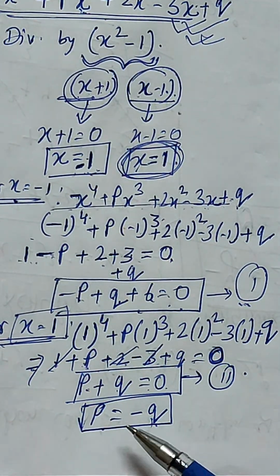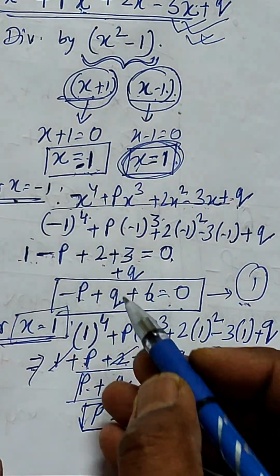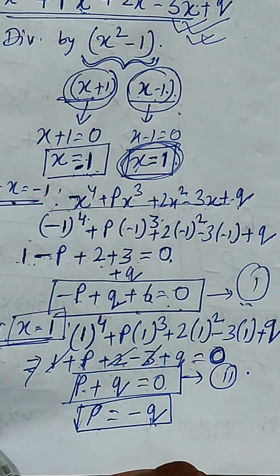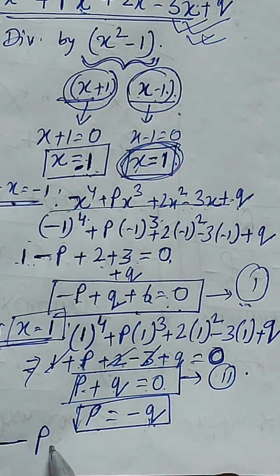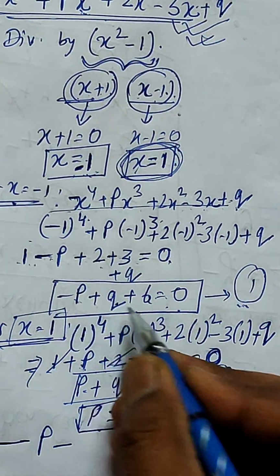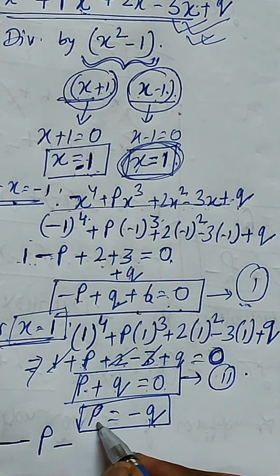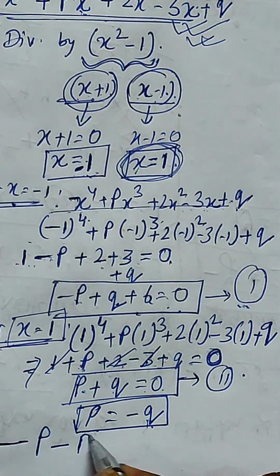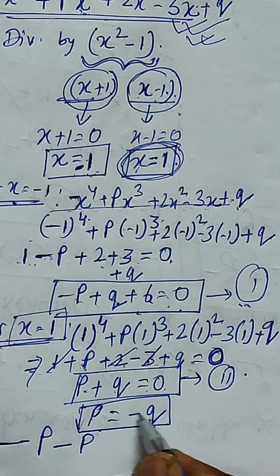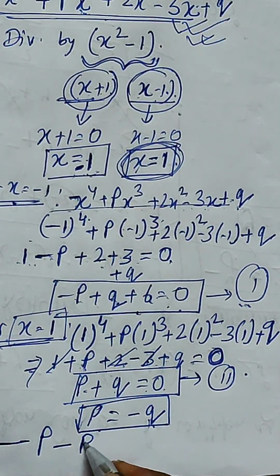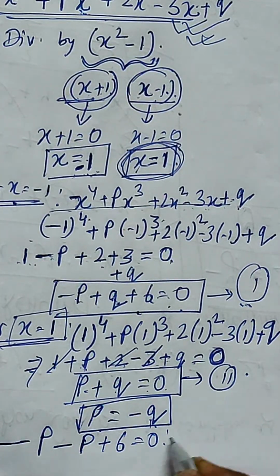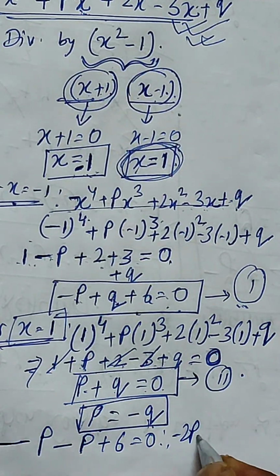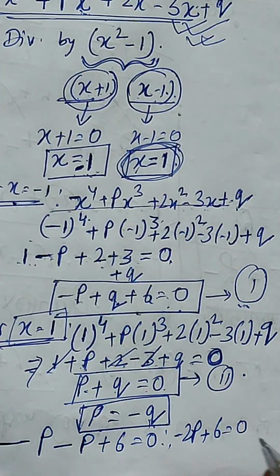Equation 1 will look like this: minus p, in place of q you can write minus p again, right? Because p equal to minus q or q equal to minus p. So minus p plus 6 equal to 0. So this will give you minus 2p plus 6 equal to 0.